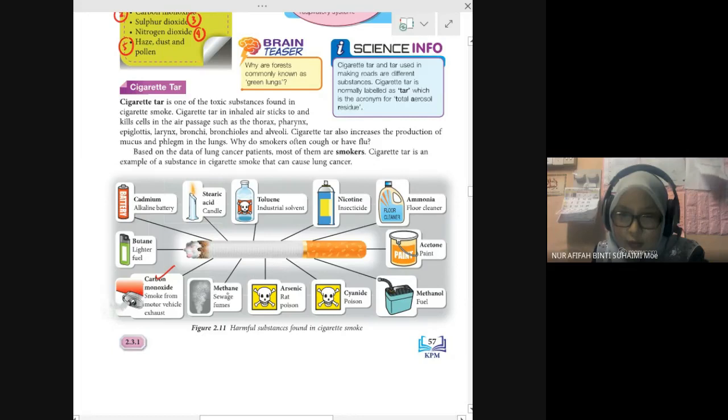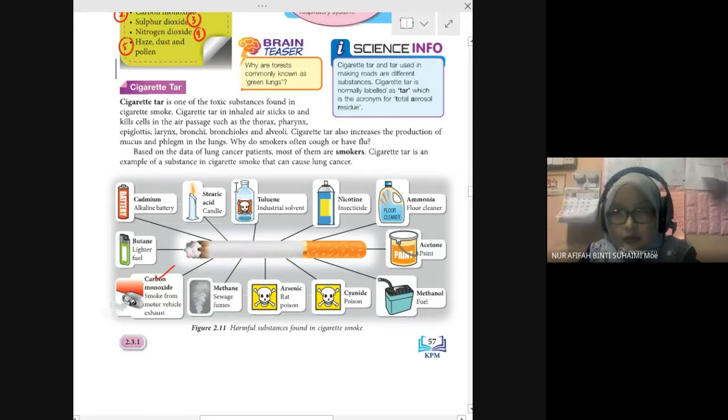Methane, sewage fumes, and then carbon monoxide from vehicle exhaust, and also lighter fluid, butane. So there are a lot of harmful substances contained in a cigarette.